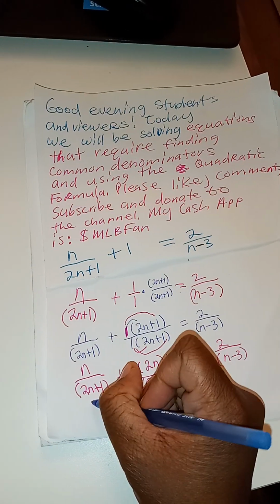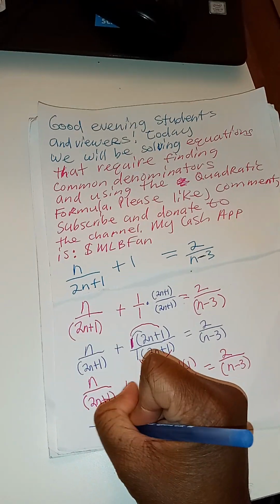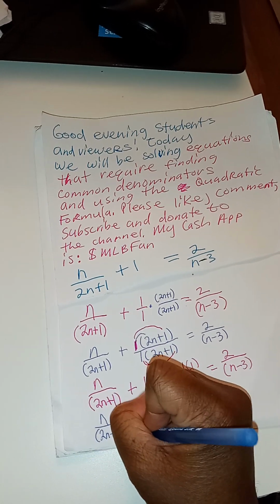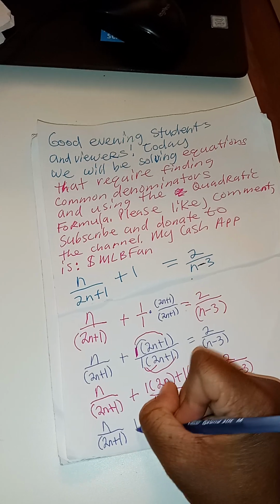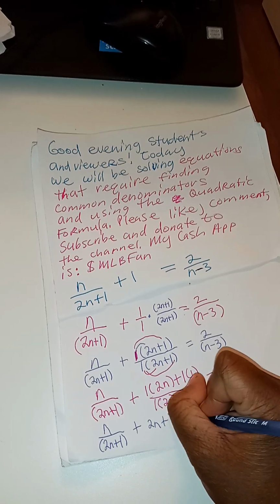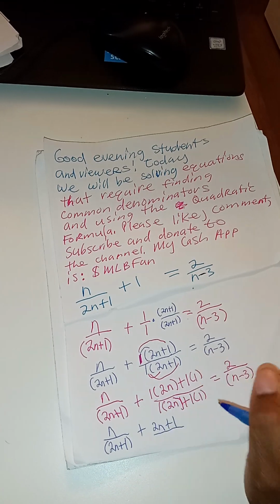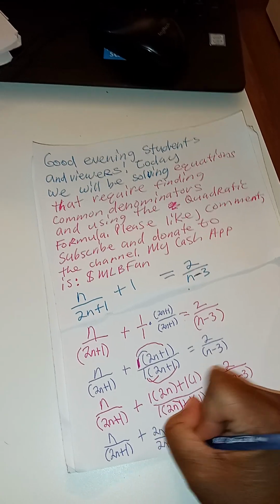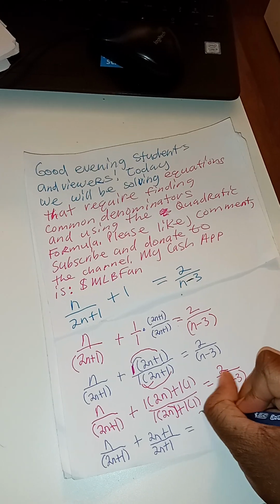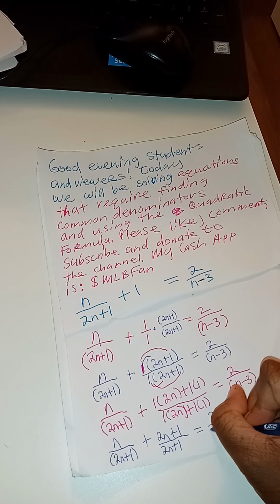Now the next step is n divided by 2n plus 1 plus 2n plus 1 divided by 2n plus 1 is equal to 2 divided by n minus 3.